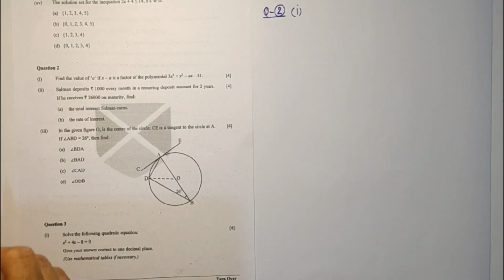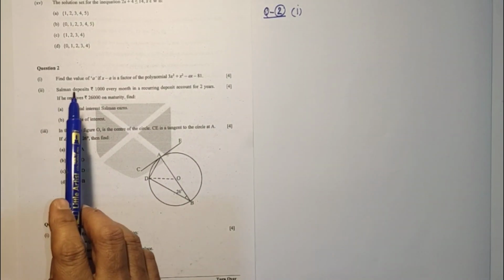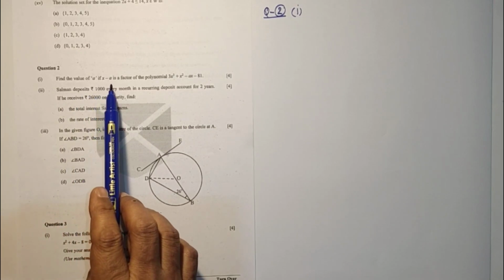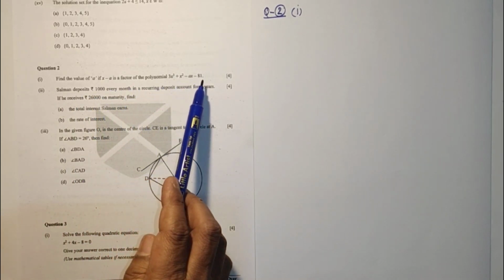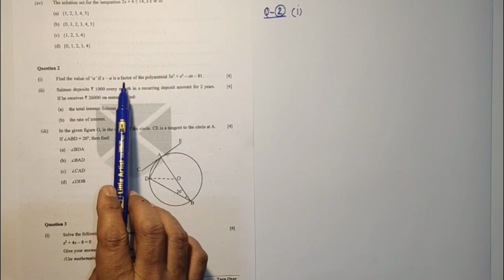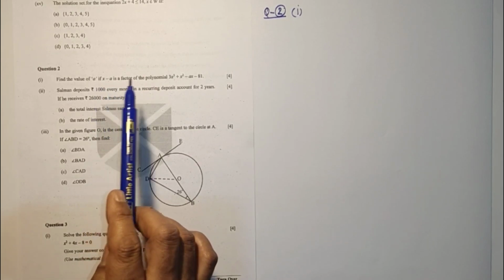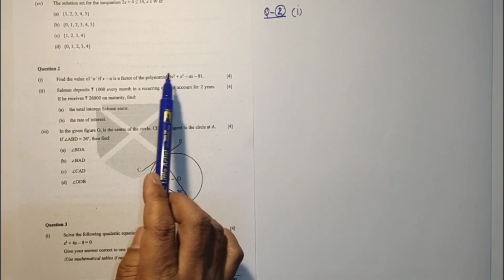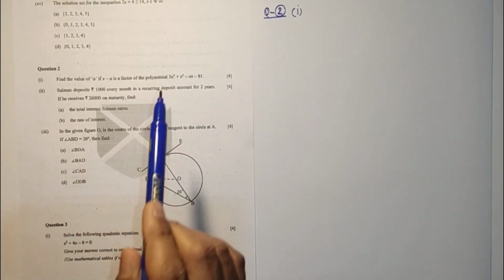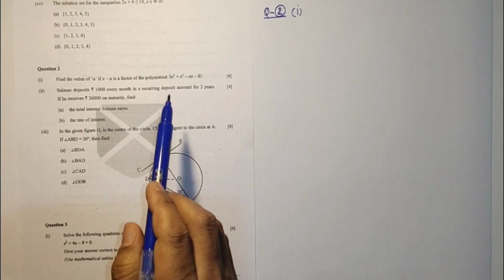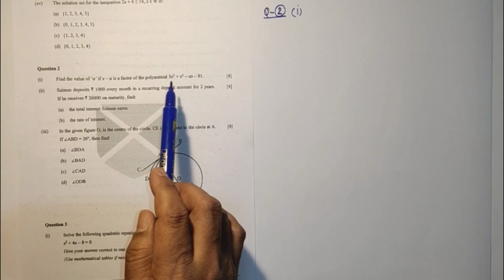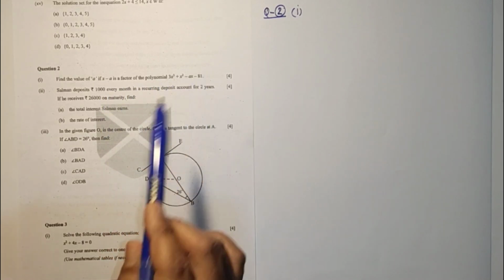Now in question number 2, first part, find the value of a if x minus a is a factor of the polynomial. Since x minus a is a factor, if we put x equal to a in this polynomial, the value should be 0 by the factor theorem. So if we assume f(x) is this, then f(a) will be 0.